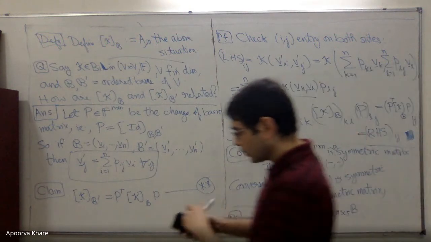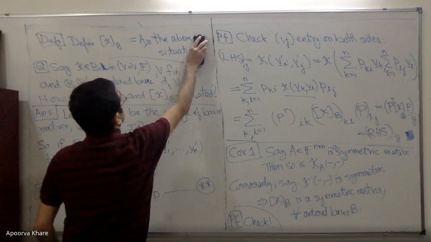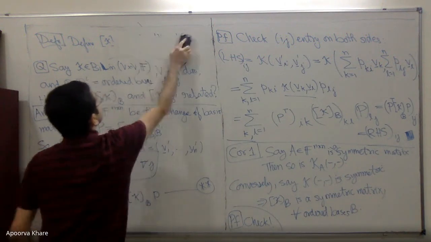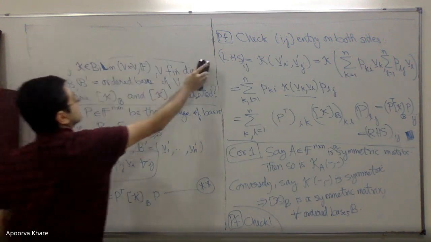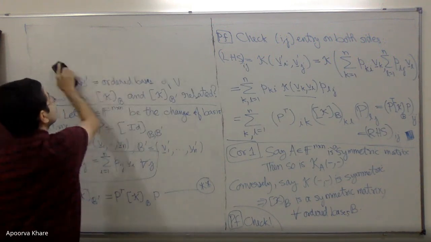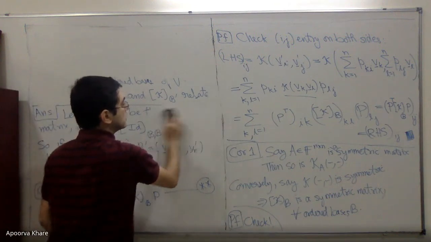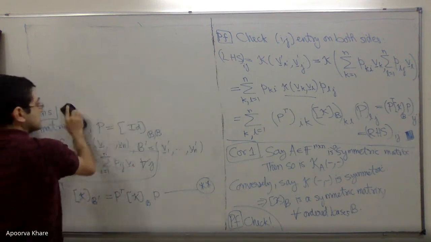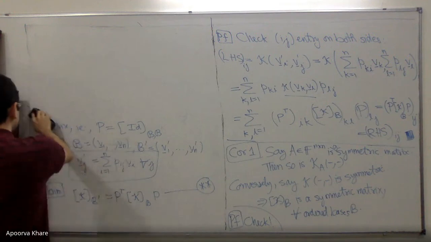Okay. The second one though is going to use this identity. Let's just keep this one because this is going to be useful.